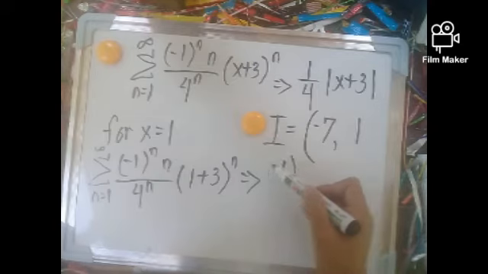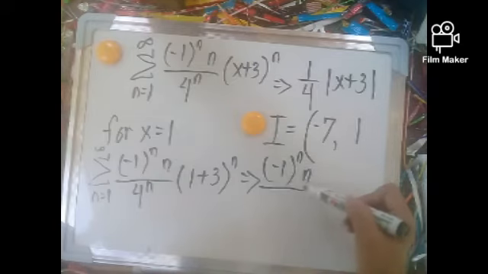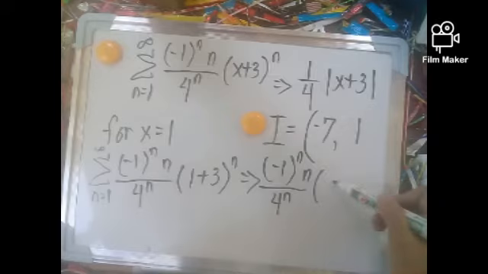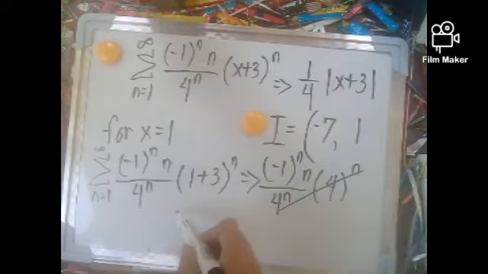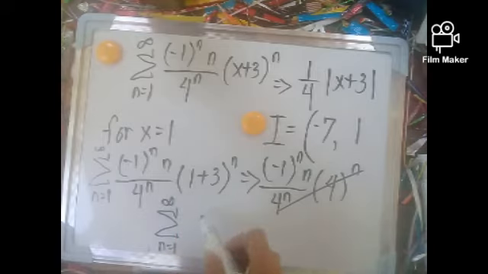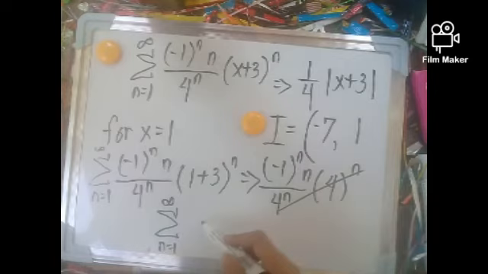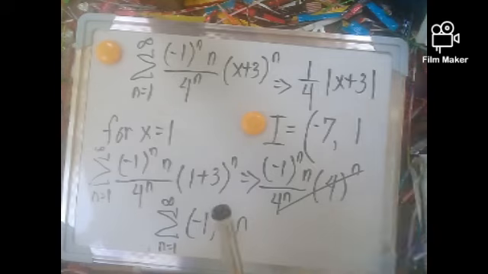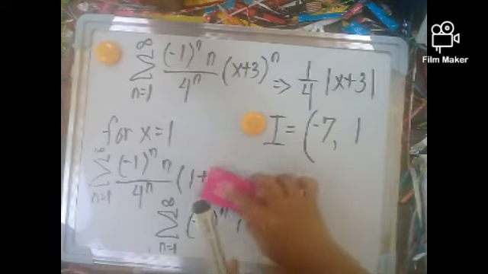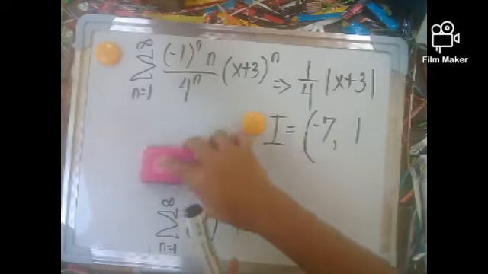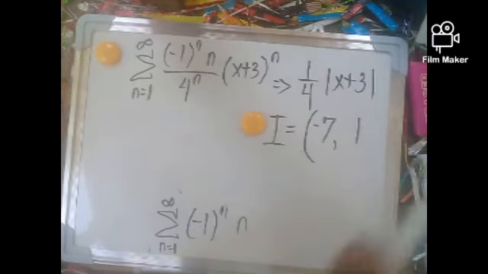So, we have negative 1 raised to n times n over 4 raised to n times 4 raised to n. Cancel the 4 raised to n. We have left the sum from n is equal to 1 to infinity of negative 1 raised to n times n. So, yun yung nakuha nating series where x is equal to 1.